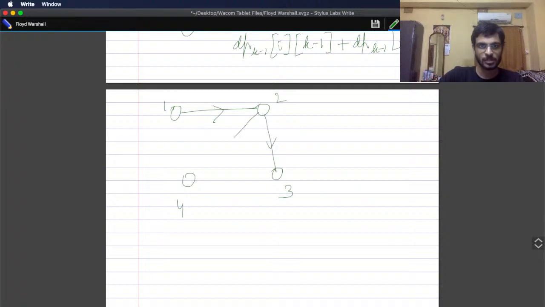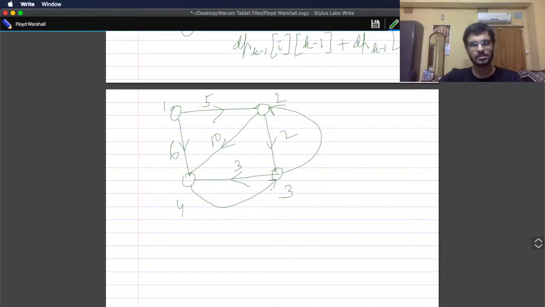You have 10 over here, over here suppose you have 3, over here you have 2, and over here something like 5, something like 6, and maybe we can draw some reverse edge.